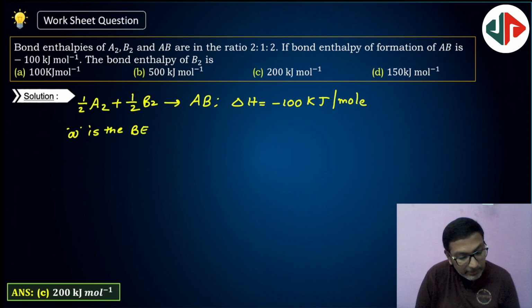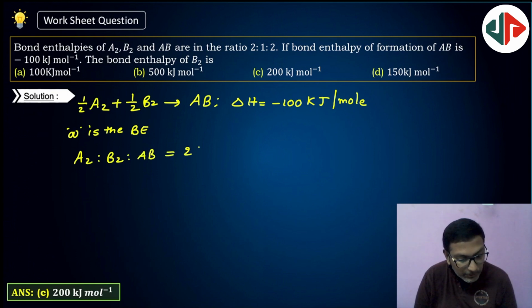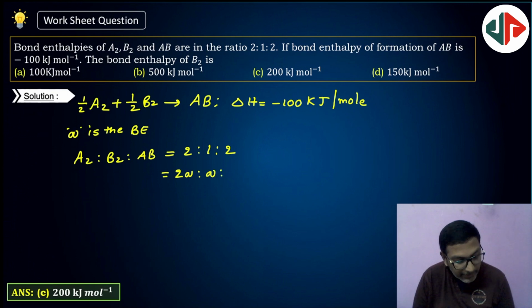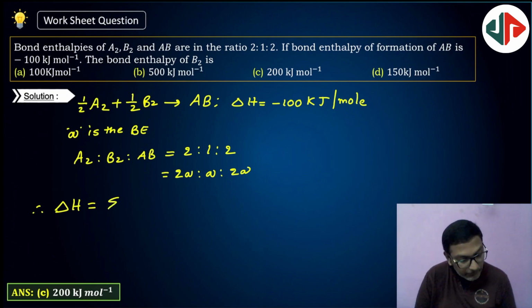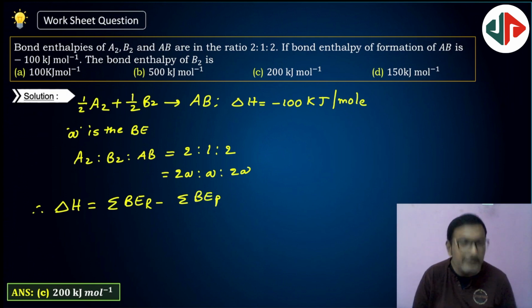Therefore A2, B2, AB bond energies are in the ratio 2:1:2. If bond energy is A, this becomes 2A and A, again 2A. So therefore delta H of reaction equal to summation of bond energies of reactants minus summation of bond energies of products.